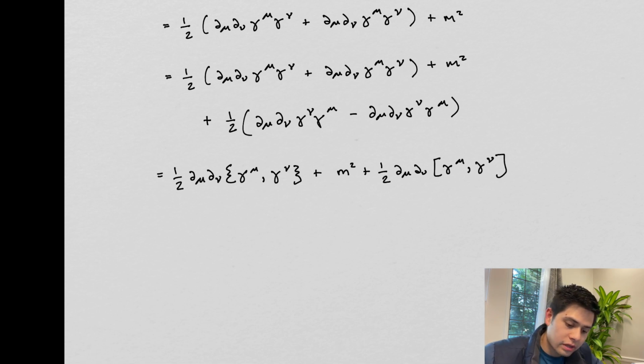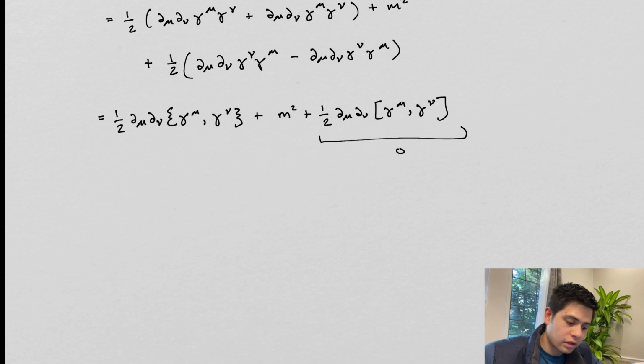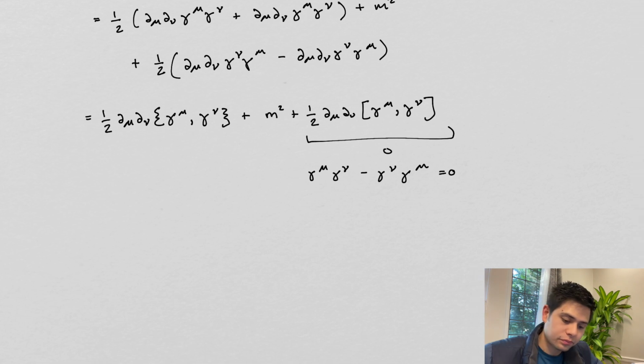All right, well, the first one is 0 because, as we've seen previously, the commutator of our gamma matrices is 0. What that means is that gamma^mu gamma^nu minus gamma^nu gamma^mu equals 0.